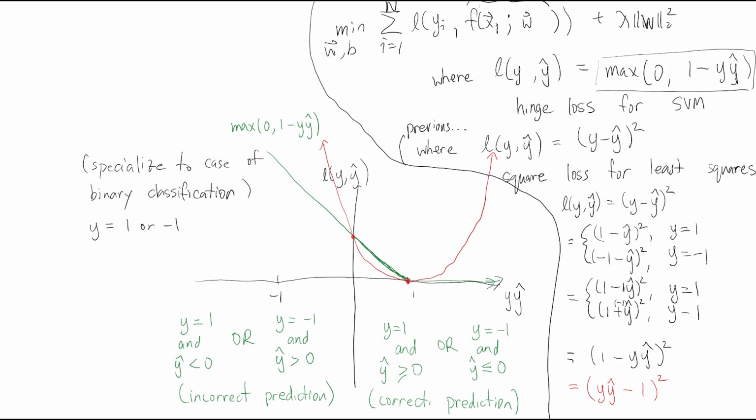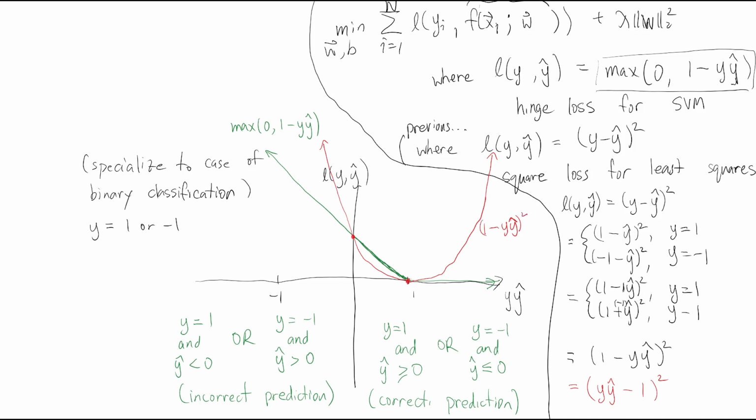Okay, so let's put arrows on all the functions. So what exactly is the square loss doing if we use it for classification? Well, let me label the function as well. I guess I have to go back to the other color. So this is 1 minus y hat squared.